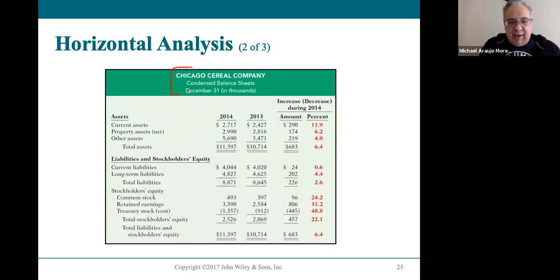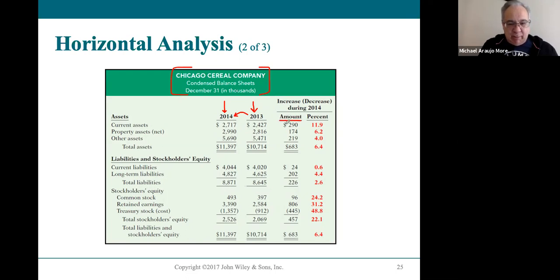So here we have the Chicago Cereal Company. We have our condensed balance sheets for 2013 and 2014. You're looking at the differences from 2013 to 2014. You're looking at that in two ways.